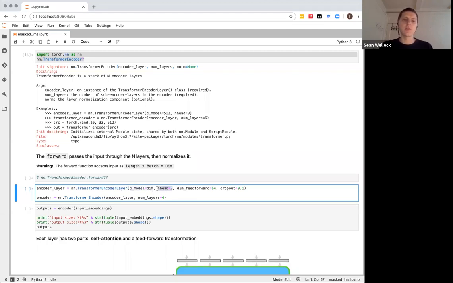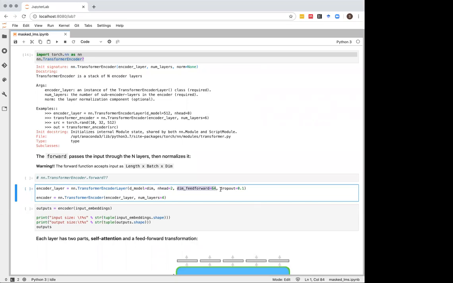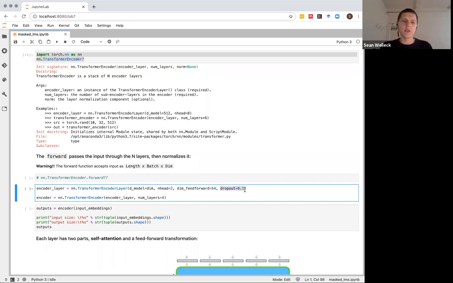You specify a number of attention heads, which we've discussed, but we'll also review again below. And then you specify the dimension for this feed forward transformation, which again we'll review below. And then also you specify this dropout level.